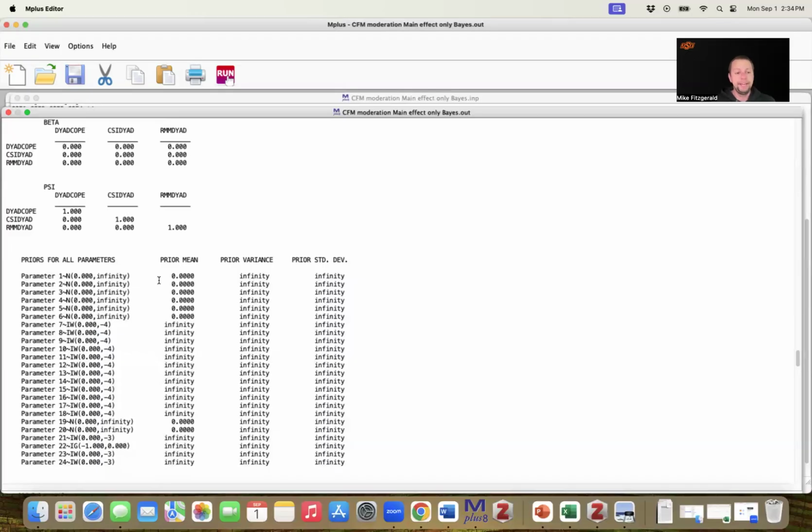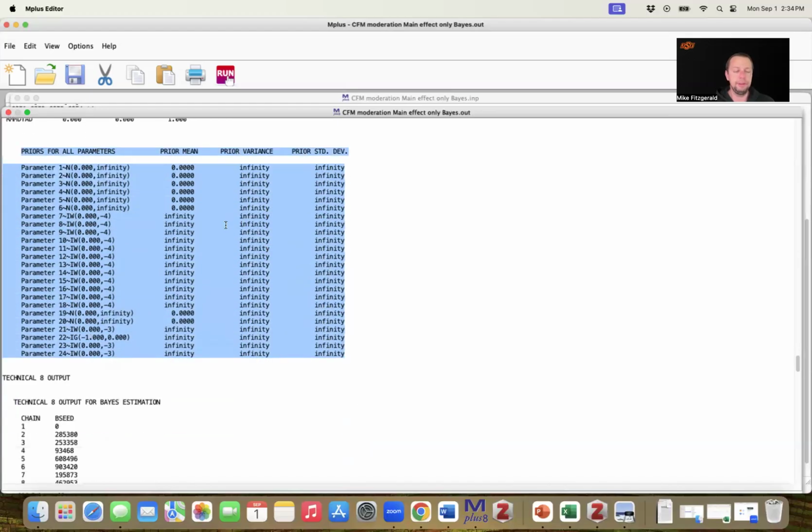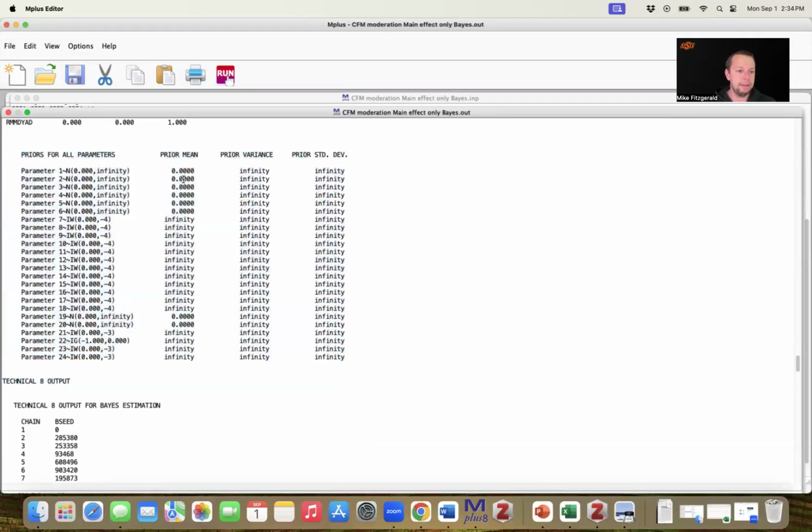That's another benefit. For a lot of the Bayesian estimation, we can use it for more computational efficiency, right? So again, right here, prior for all parameters, we can see that the prior mean is 0.